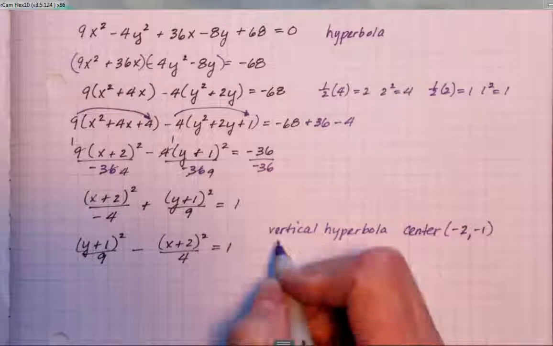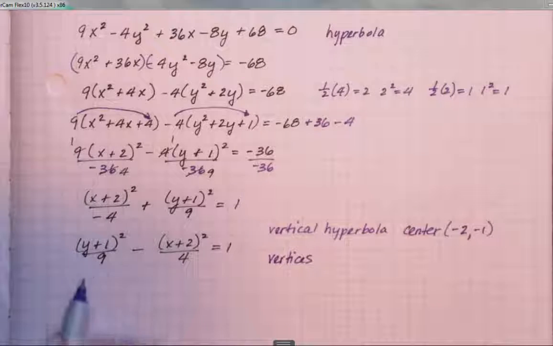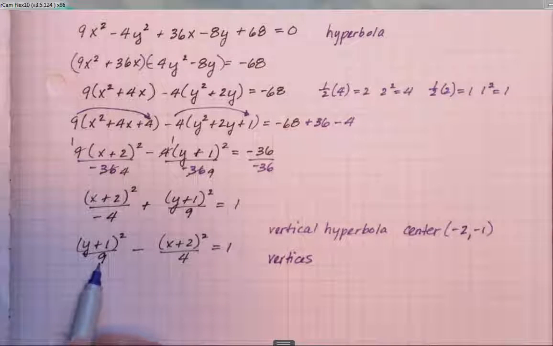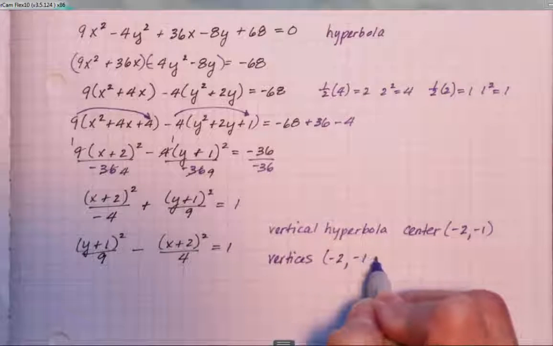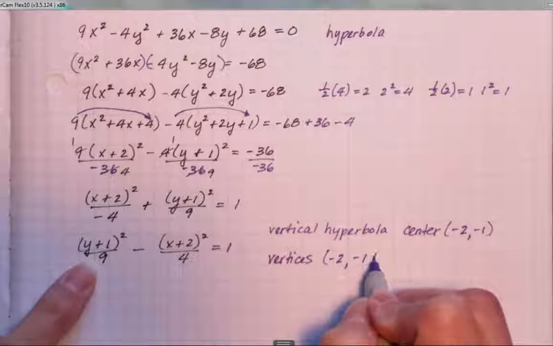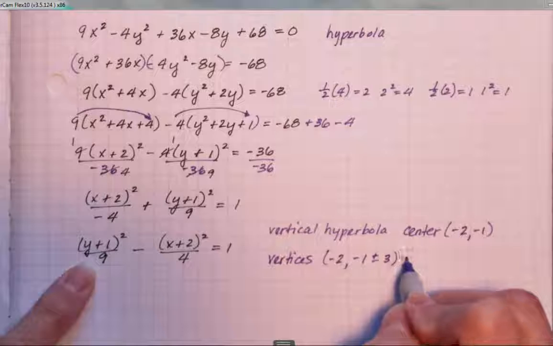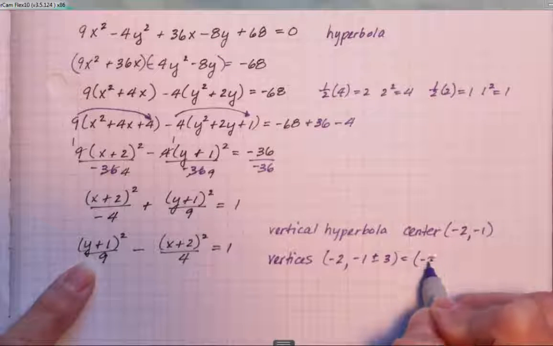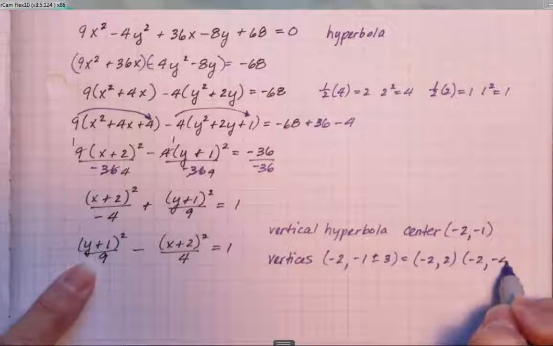I know that my vertices are going to be up and down in the y direction from my center. So I know I'm going to be at negative 2, negative 1, and then I'm going to take the square root of 9, which is plus or minus 3. So that gives me vertices at -2, 2, or -2, -4.